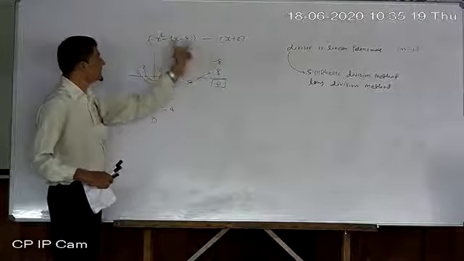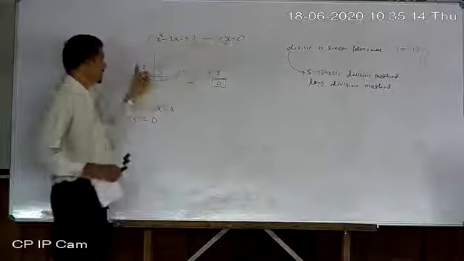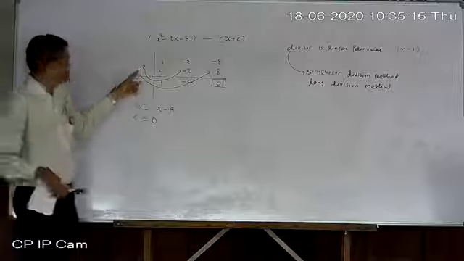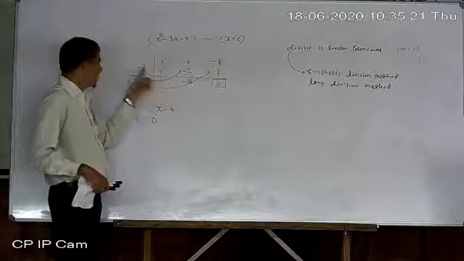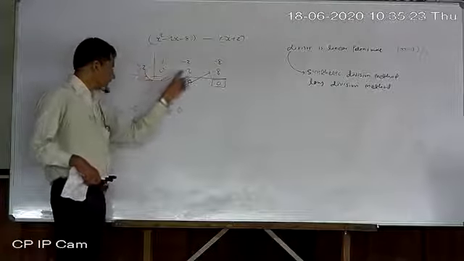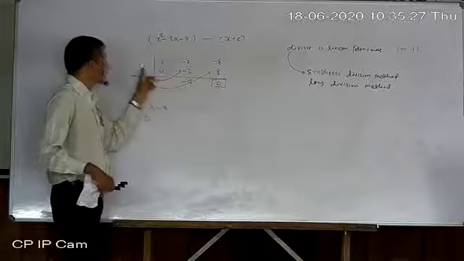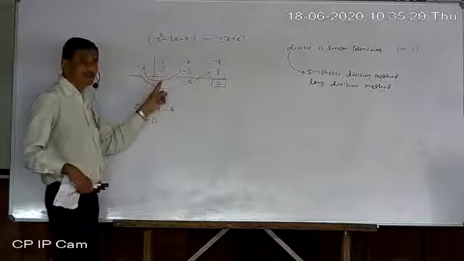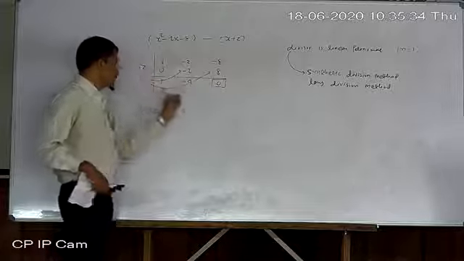Just write down all the coefficients of the dividend polynomial. Now write here the zero of the divisor polynomial. Now first of all, write down 0, make the total. Then multiply, make the total again. Then multiply 2 by the latest number, which is minus 4, giving minus 8.